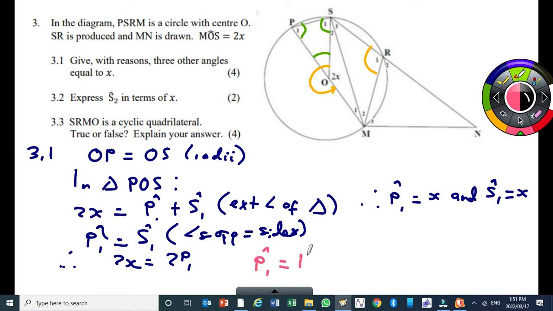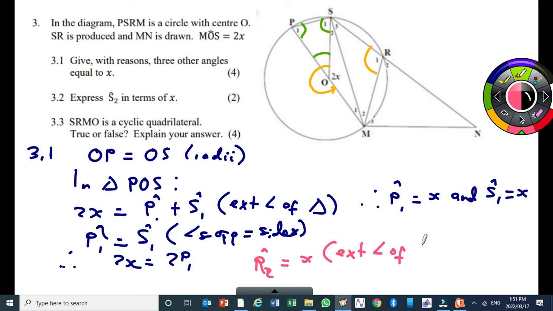Let me write this as R2. So I can write R2 is equal to x, and my reason here will be exterior angle of cyclic quad.